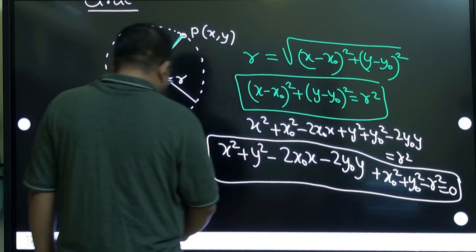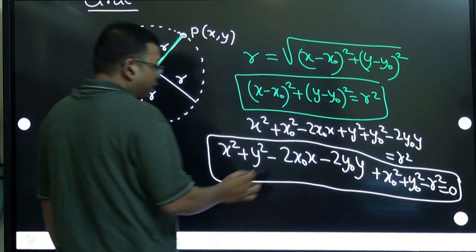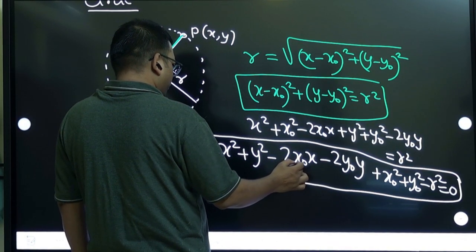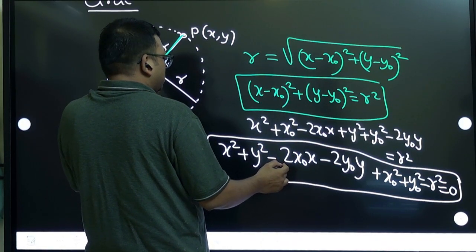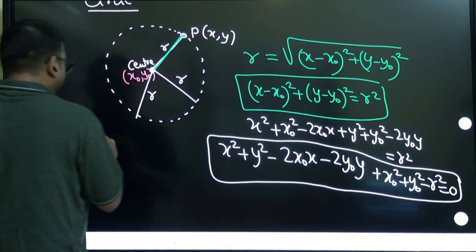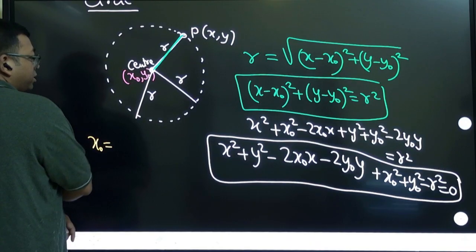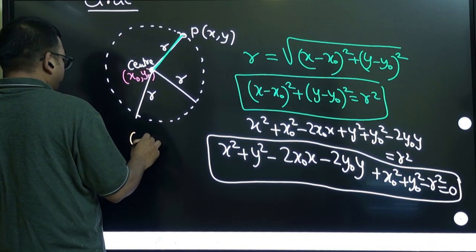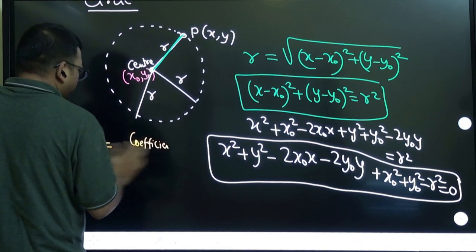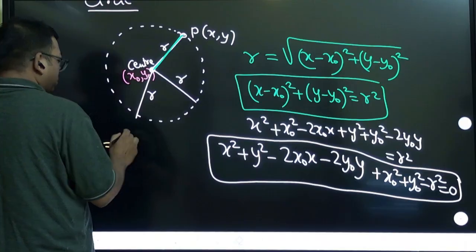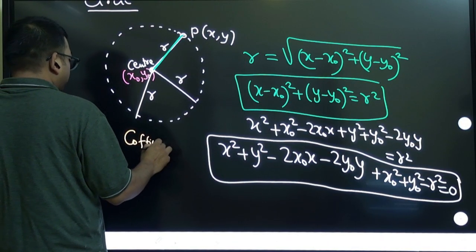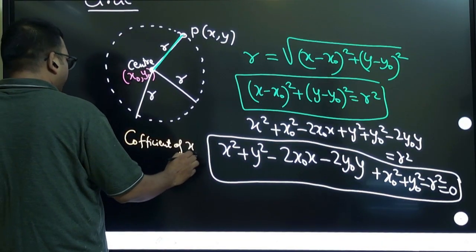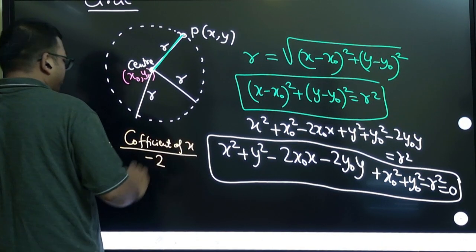So whenever such equations are given, we can try to figure out that the coefficient of x is minus 2x naught. So this x naught can be calculated as the coefficient of x, which is minus 2x naught, divided by minus 2.